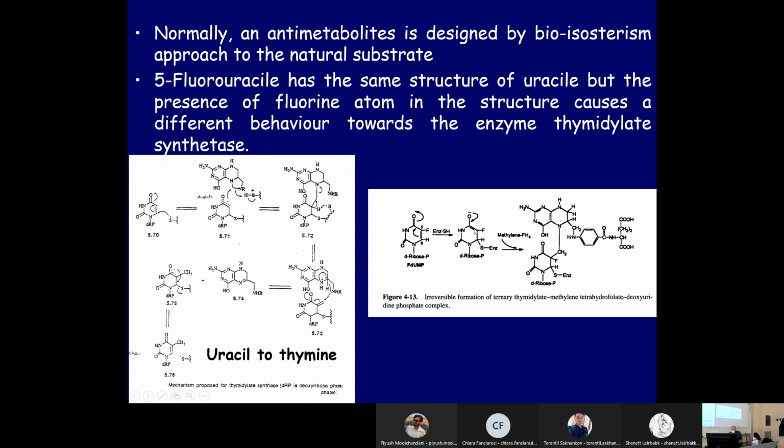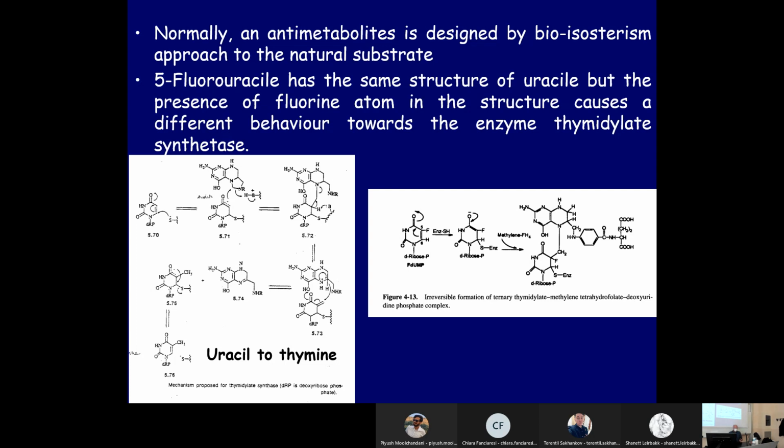And so you can understand that if we use fluorouracil instead of uracil, we have the formation of a covalent bond of the fluorouracil with the cofactor, and the reaction is stopped because it's impossible the exit of a positive fluorine at this level.